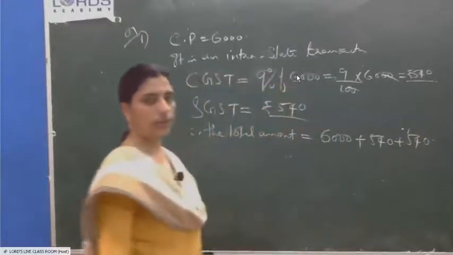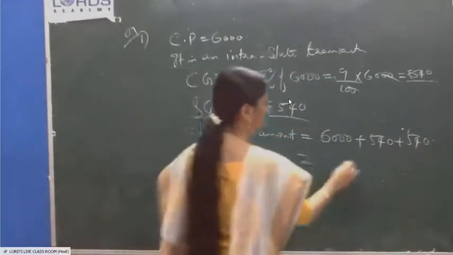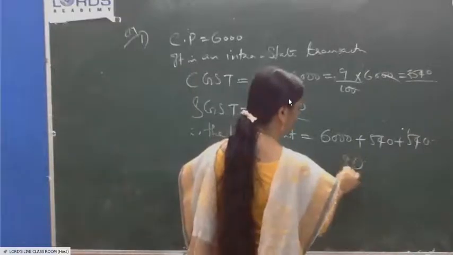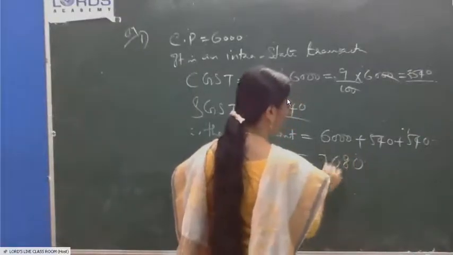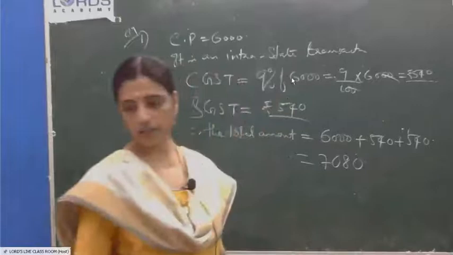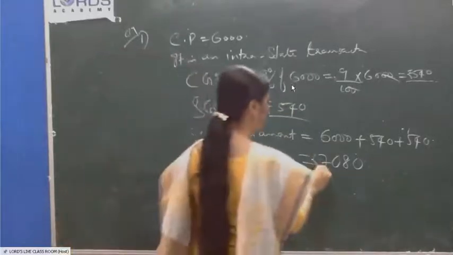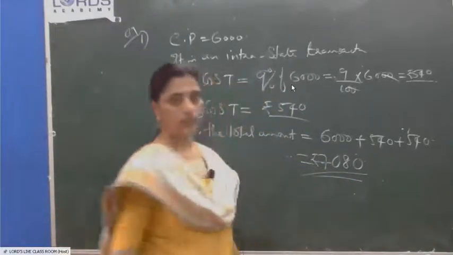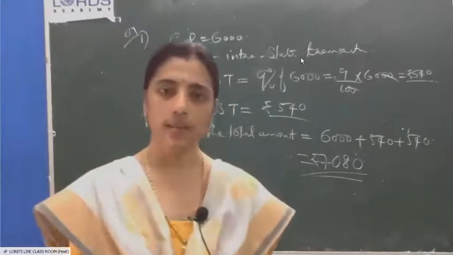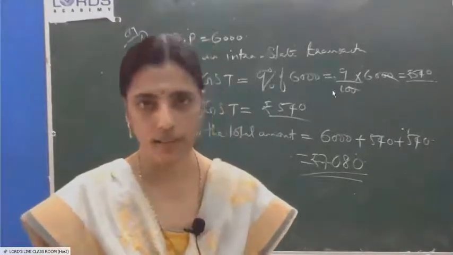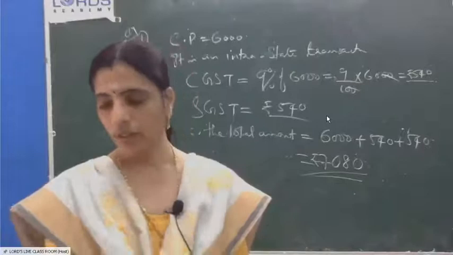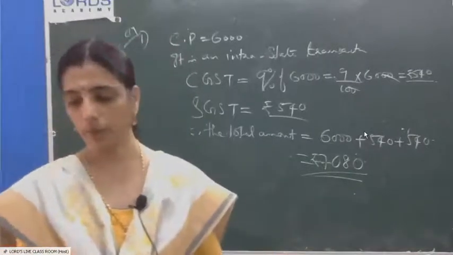Both the taxes we have to add up. What is the answer? 7,080. Rupees 7,080. That is the total amount that at last who will pay the tax? The customer only. Okay. The customer will pay rupees 7,080.